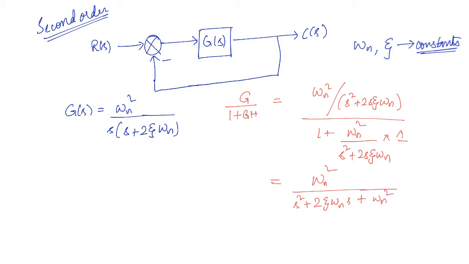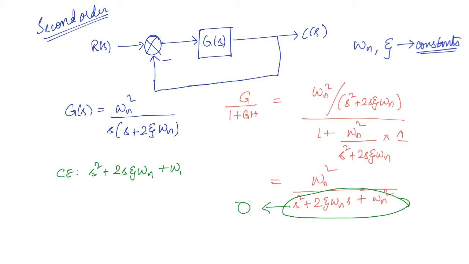So what is the characteristic equation? It is the denominator of the transfer function equated to 0. So the characteristic equation we can write as s square plus 2 zeta omega n s plus omega n square is equal to 0. What is the highest power of s in this equation? It is 2.